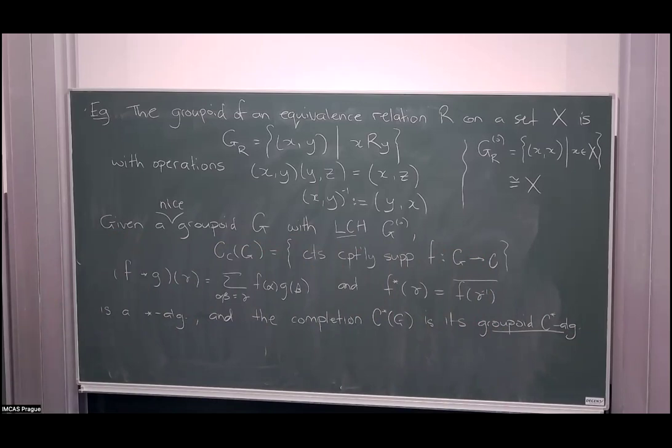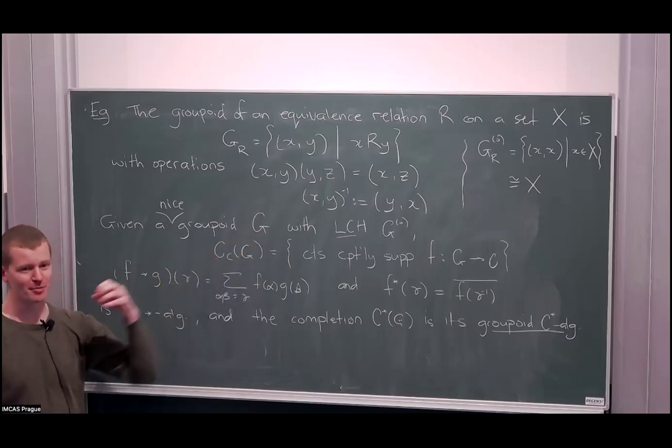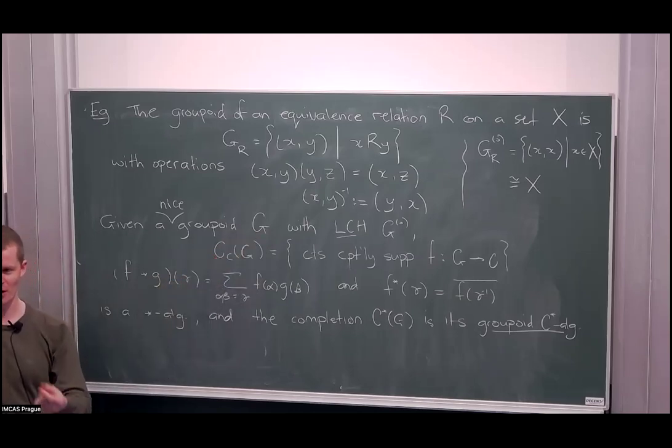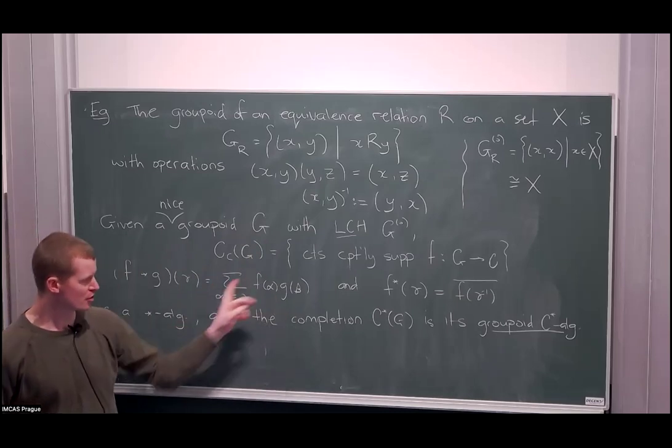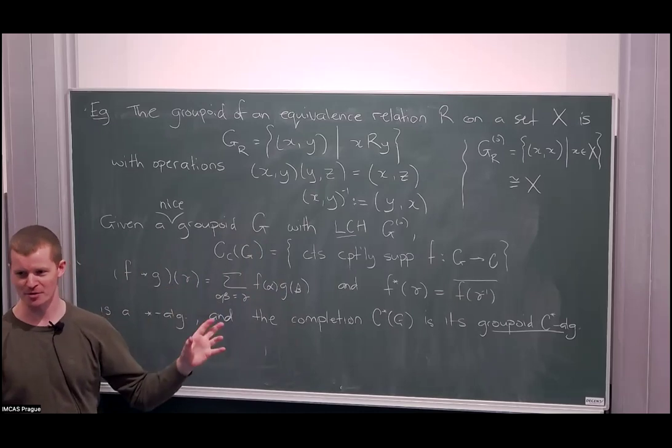And to try to make these operations more familiar, one thing to try to puzzle with in your head is if I take G to be the matrix groupoid Ben showed us, where I've got all pairs of natural numbers up to n, the size of my matrices, then this convolution is just performing matrix multiplication.